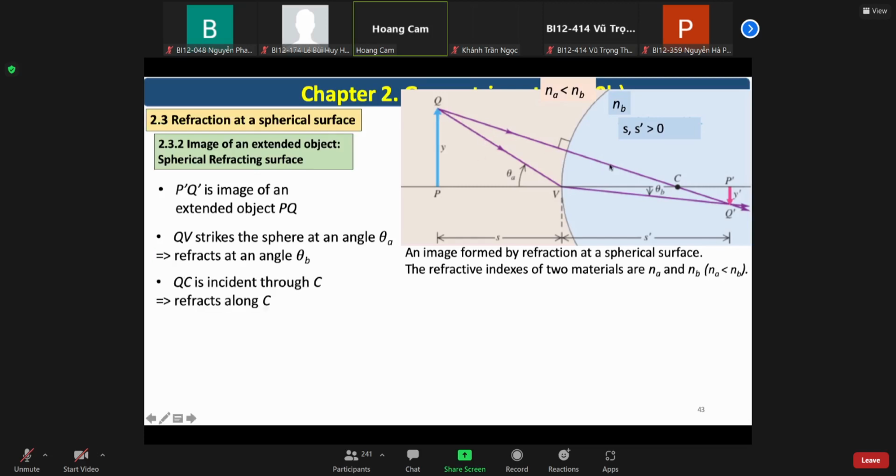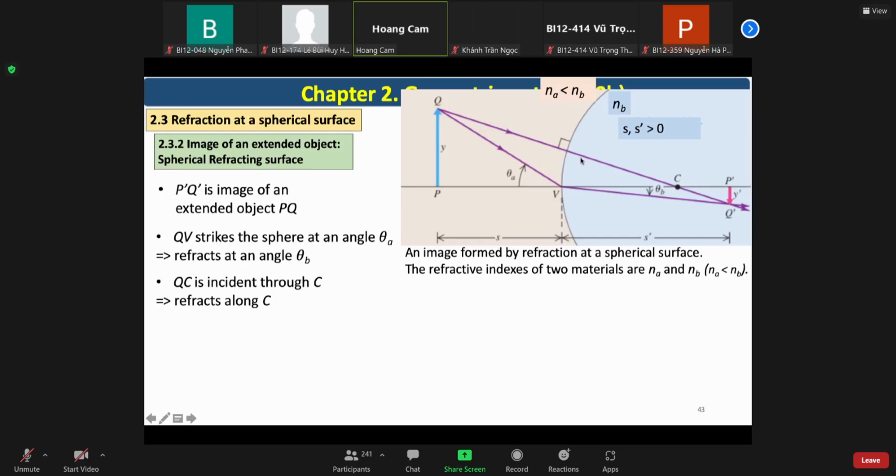QC is incident to C, so it reflects along C. You can pay attention as well to what they use for the reflection. The incident rays strike the surface, for example, but they will be reflected back because here is a reflecting surface, so we don't have the transmitted rays.